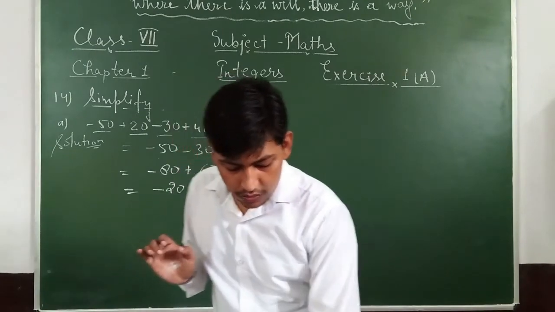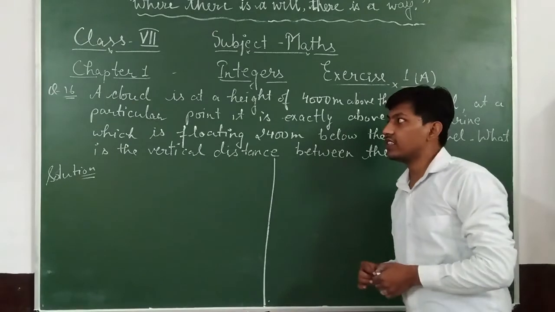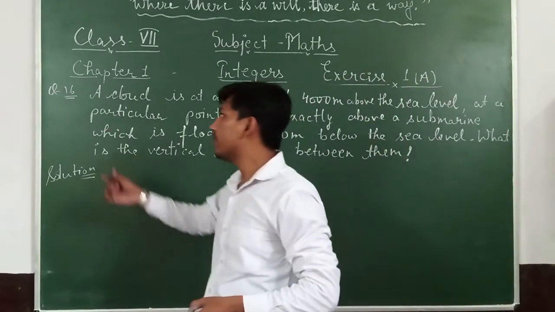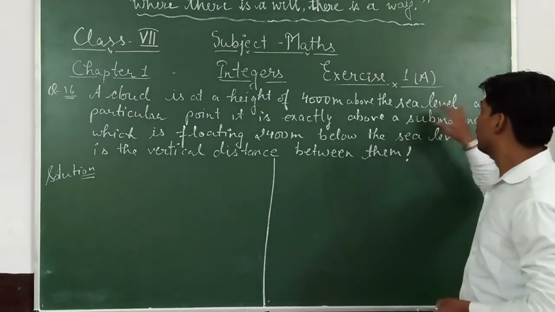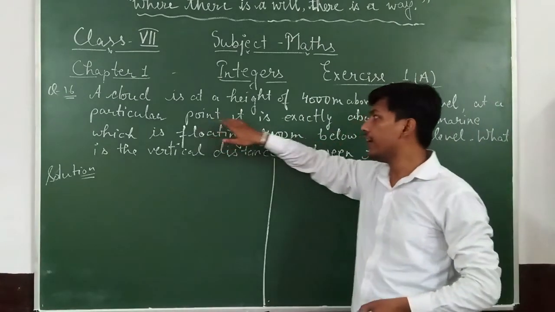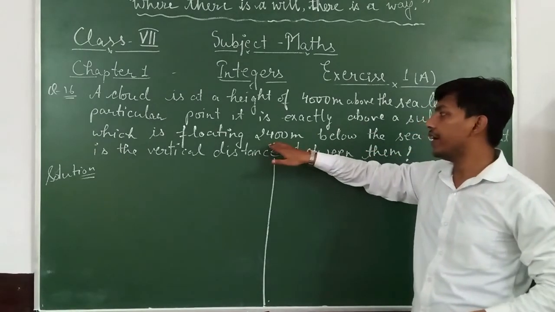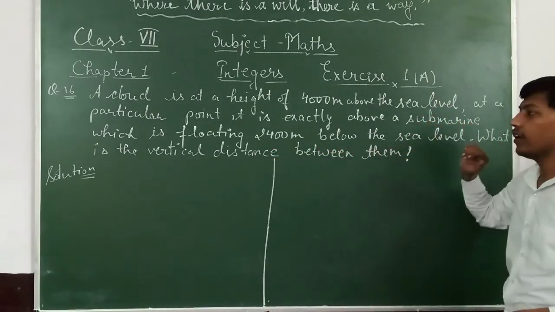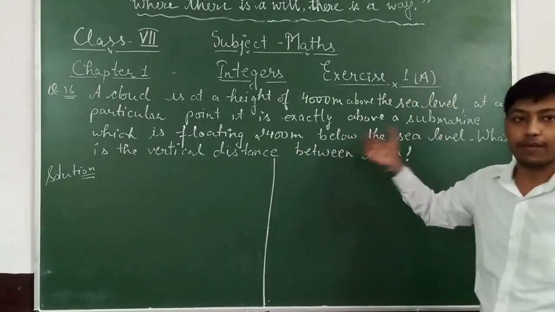Now we will solve one word problem. Question number 16 is a word problem, and it is: a cloud is at a height of 4,000 meters above the sea level. At a particular point, it is exactly above the submarine, which is floating 2,400 meters below the sea level. And we have to find the distance between the cloud and the submarine.